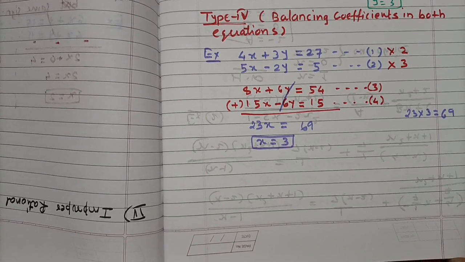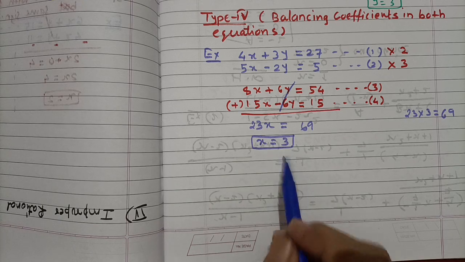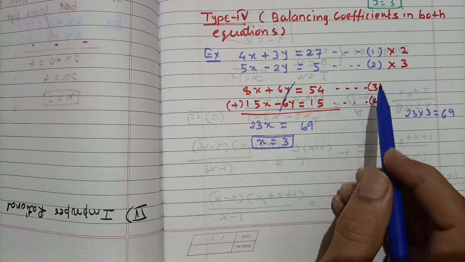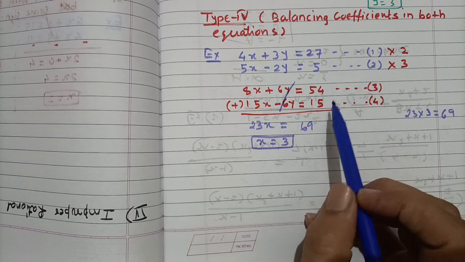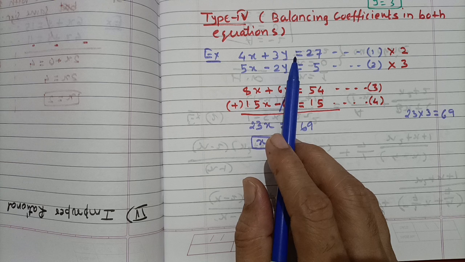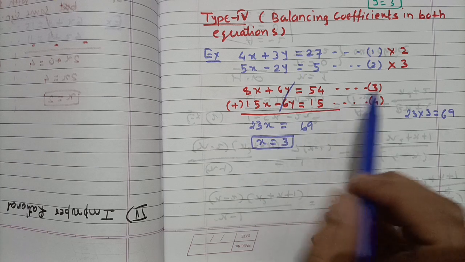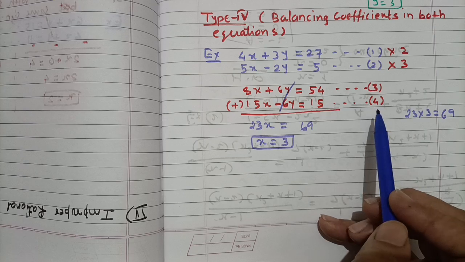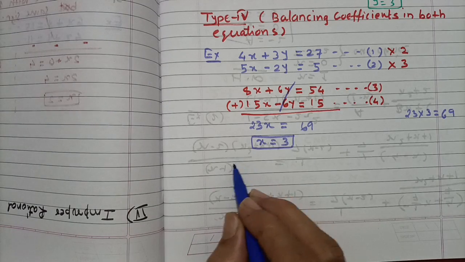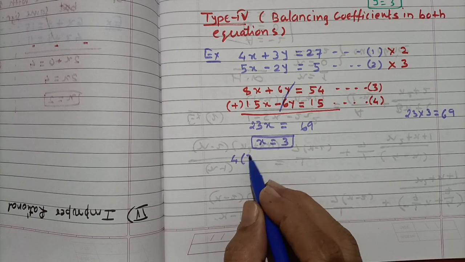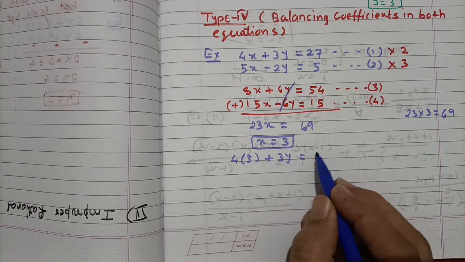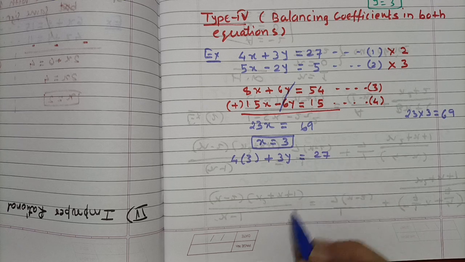Next, to find the value of y, we need to again substitute this value in either equation 1 or 2. So again I think substituting in equation 1 is easier for me because it requires less calculation than equation 2. So substituting the x value in equation number 1, 4 times 3 plus 3y is equal to 27.